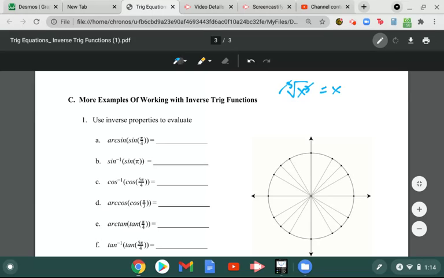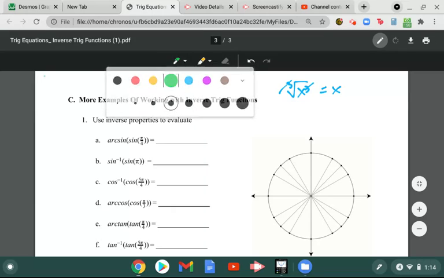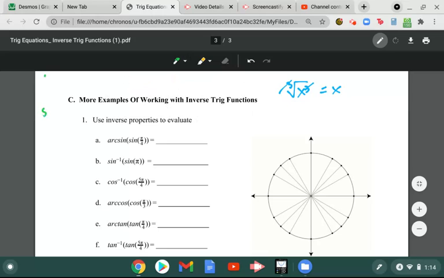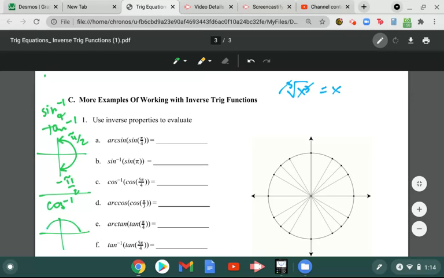restrictions. So just to review those. For both sine inverse and tan inverse, those are restricted from the negative y-axis to the positive y-axis, so negative pi halves to pi halves. For cosine inverse, it goes from x to x, so I'm restricting those from 0 to pi.